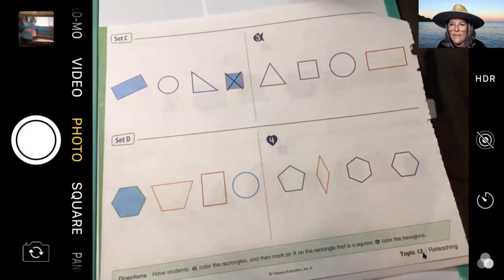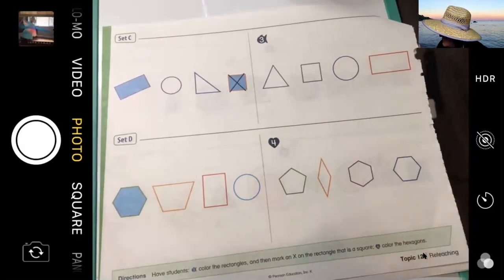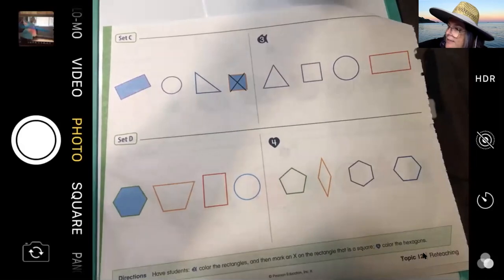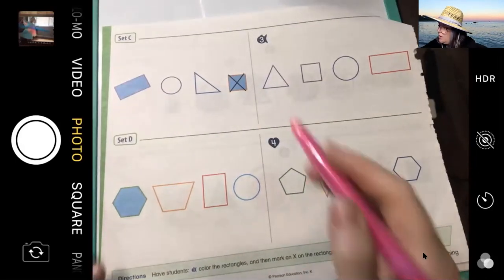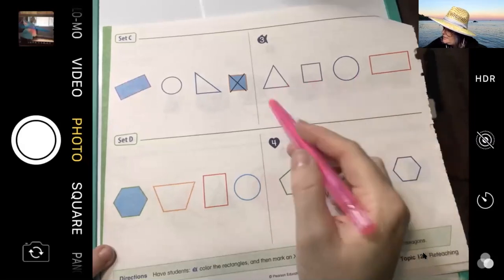On set C, they've shown us an example of what they want us to do. It says for number 3, color the rectangles and then mark an X on the rectangle that is also a square. Let me get out my crayon. Let's see, I think I might use pink today. So we're going to color all the rectangles here on number 3.